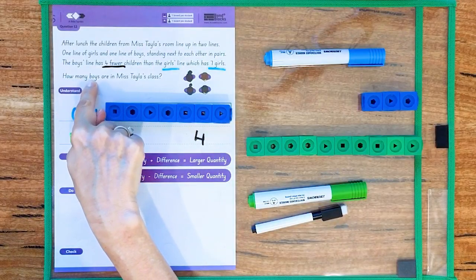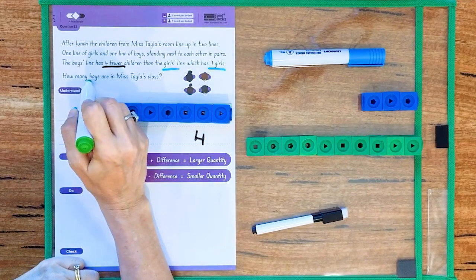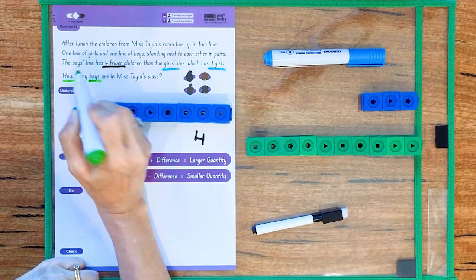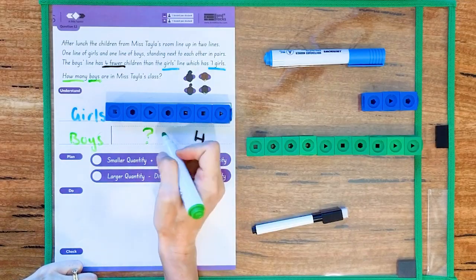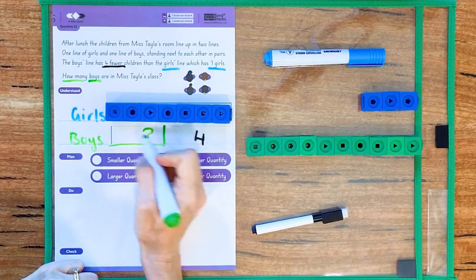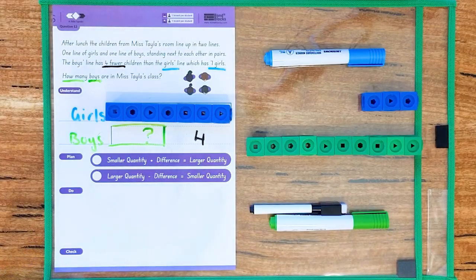How many boys are in Miss Taylor's class? So the boys is my unknown. I want to know how many boys there are in the class.